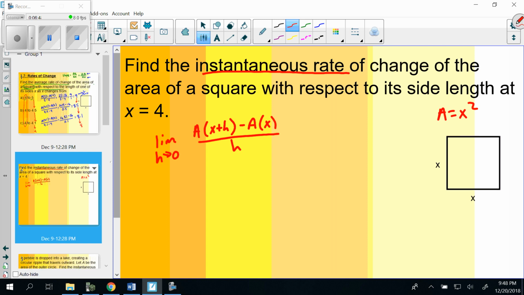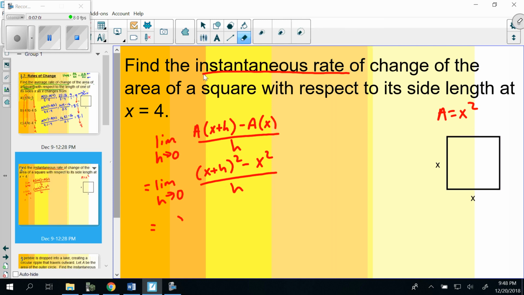So if we continue this limit then, if we put x plus h in that, it'd be x plus h squared minus, our formula for area here is just x squared, all over h. If we multiply that out, make sure I get my limit symbol in here.